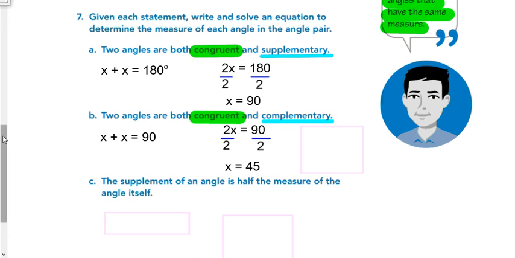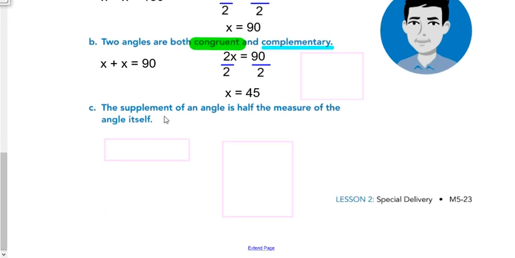Okay. And letter C, the supplement of an angle is half the measure of the angle itself. So we know that it's a supplement, so it should be equal to 180. And it says of an angle, so we know that there's an x somewhere, and is half the measure of the angle itself.